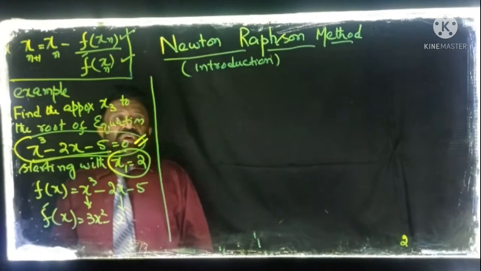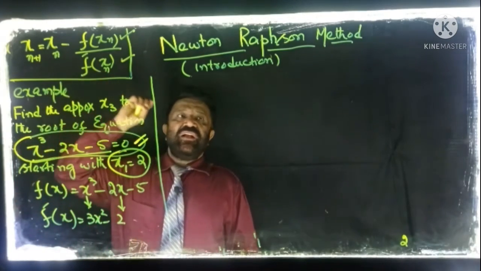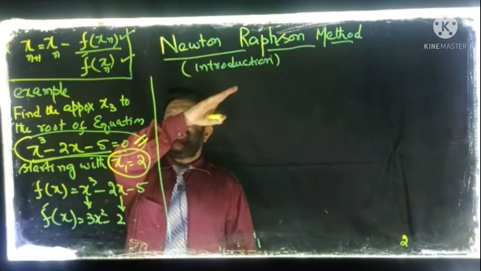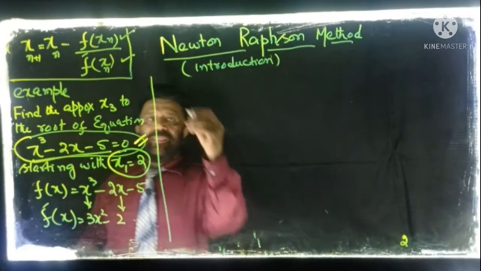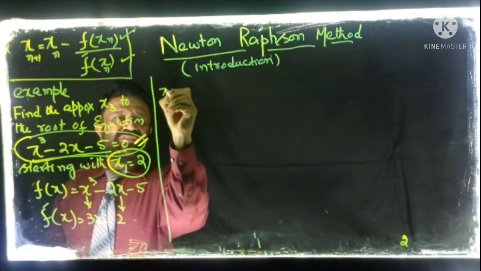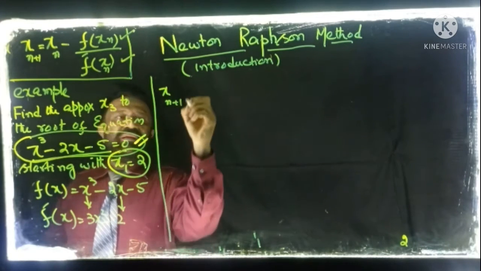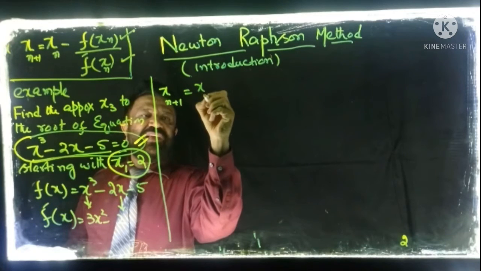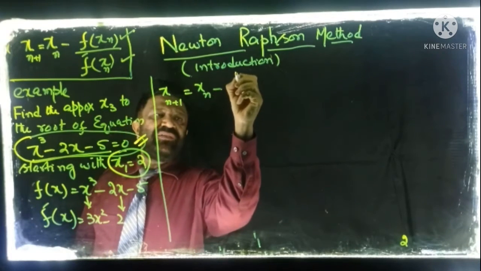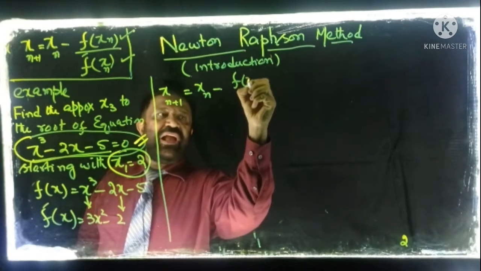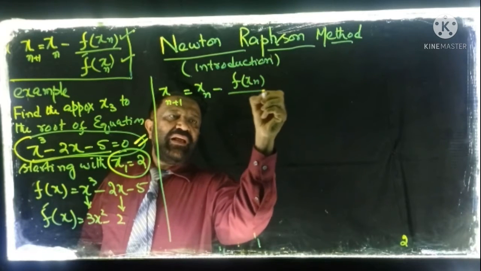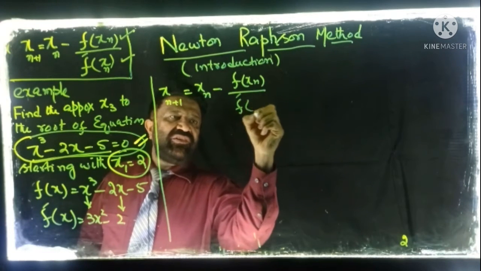So I will write the Newton-Raphson method formula again, that is x_{n+1} equals x_n minus f(x_n) divided by f'(x_n).